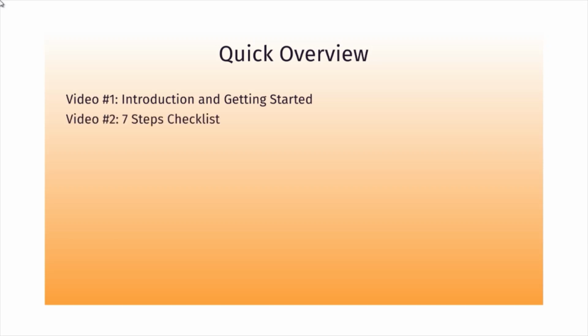Now what I want to do is talk about the video course itself and give you a quick overview. Of course, this is video number 1. Video number 2 is the 7 steps checklist. And in videos 3, 4, 5, 6, 7, and 8, we're going to dive deeper into those 7.